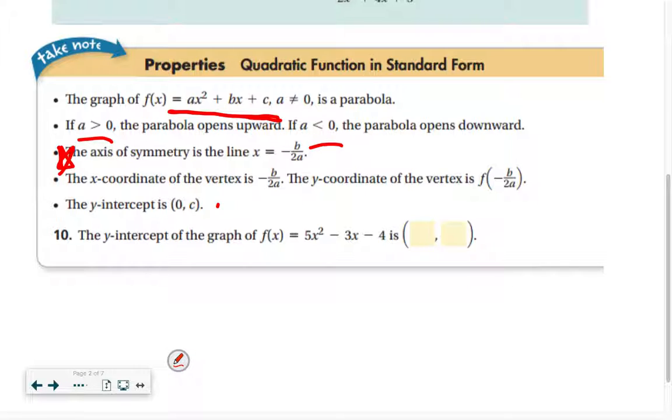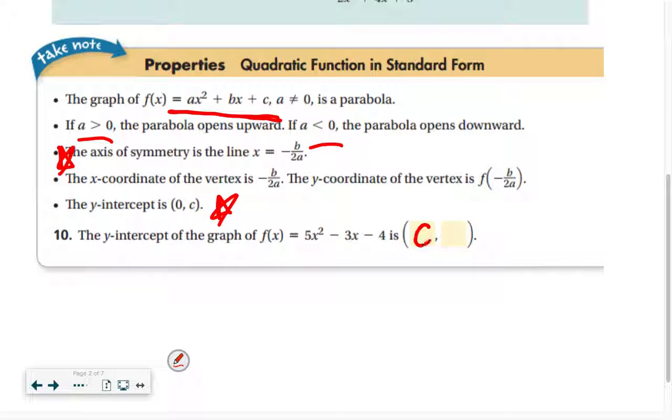Most importantly, I think, is that third bullet down, our axis of symmetry. So we're going to jump right into it. I need to find the y-intercept of our graph. 5x squared minus 3x minus 4 tells me my y-intercept is 0, c.